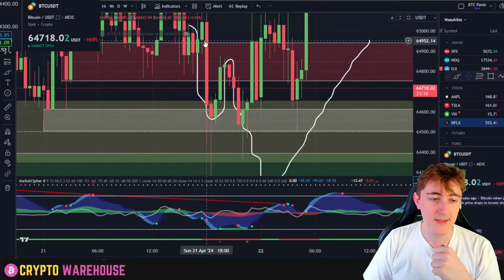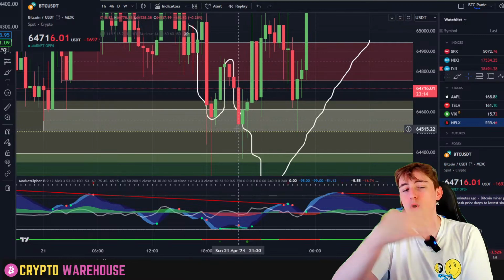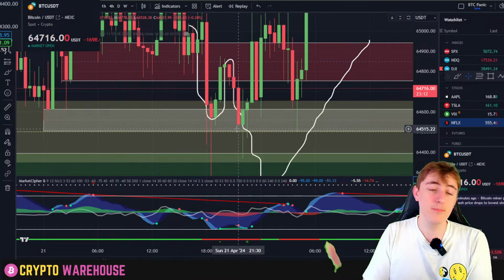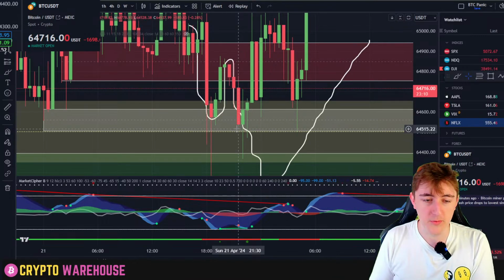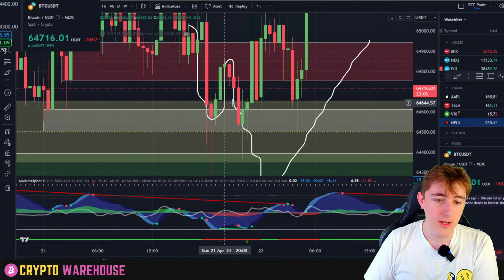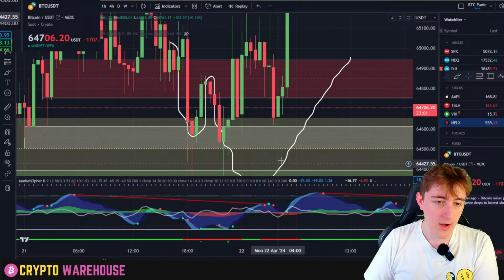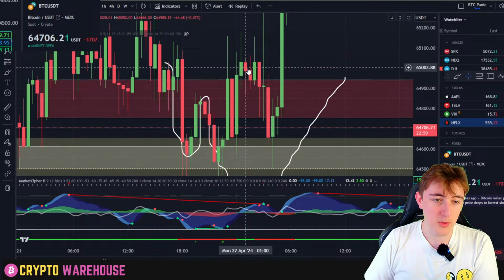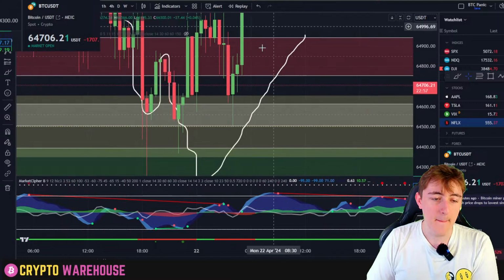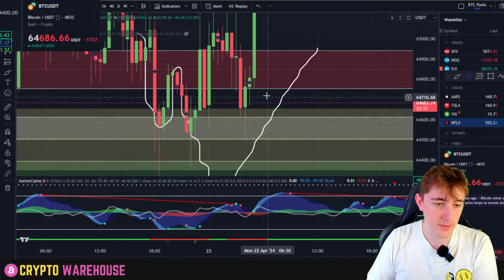I did say at the time this is more of an action-based drawing. I always say this when I draw with the pen. It's not based on time frame or anything like that. It's kind of how I think it's going to move. So we moved down, moved upwards to test, moved down again, and then moved upwards. We did slip a bit, but we had the general movement of going upwards from the bottom.